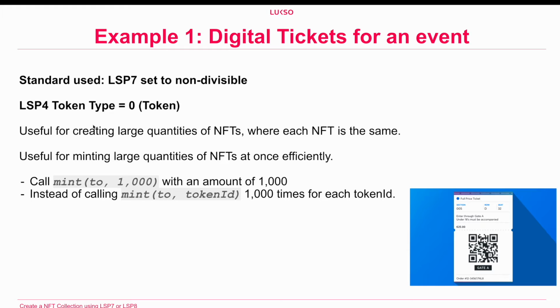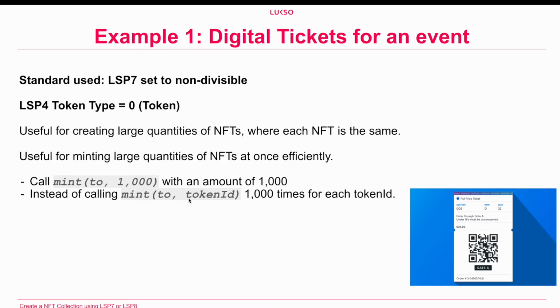And thanks to LSP7 set to non-divisible, we can do that because we will be able to call the mint function once with the recipient and the amount of tokens to mint. This will just create the whole batch all at once.